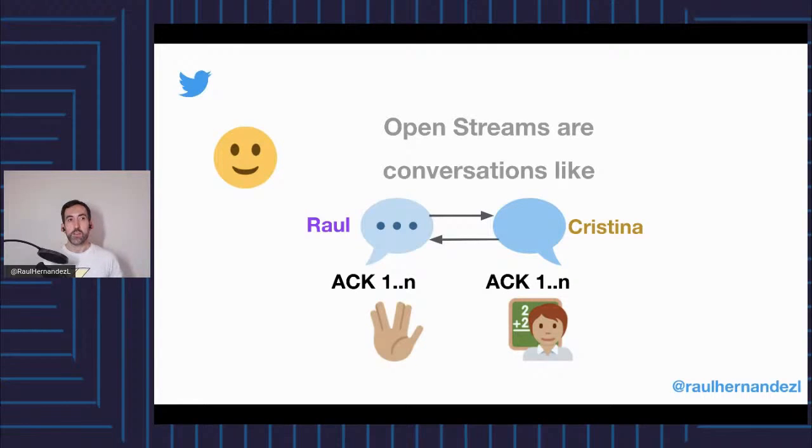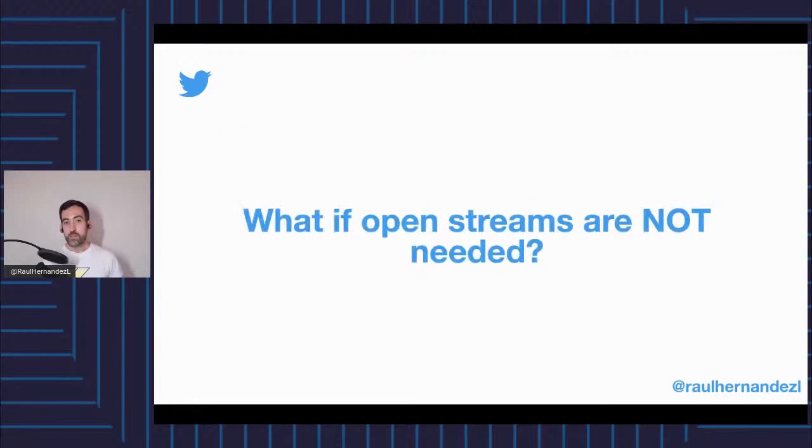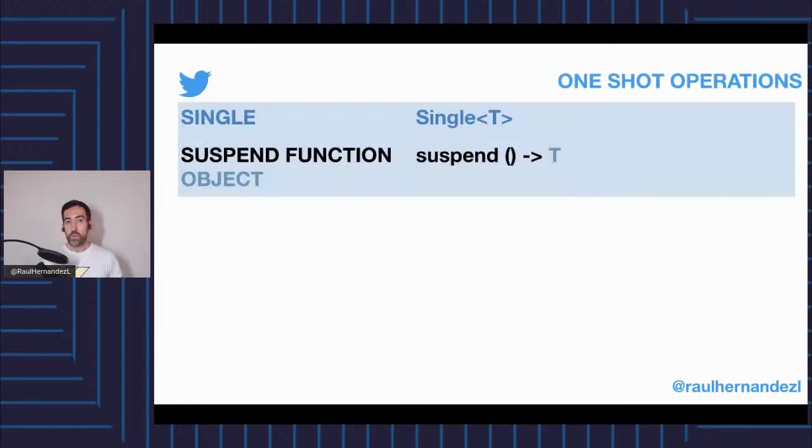That's the case. And for me, it's very easy to understand that by having this example. But obviously, we don't need this for every case, right? We are not always going to use open streams. For instance, for network requests, we're going to do some requests and maybe we don't need another one for half an hour or more. So it's just one sort of request. And for that, what do we need?